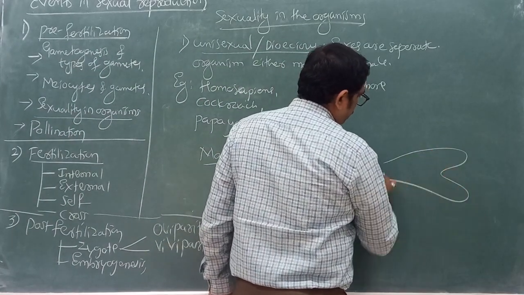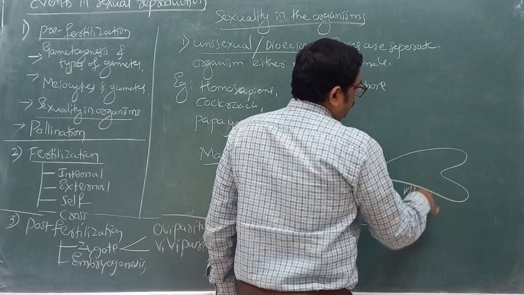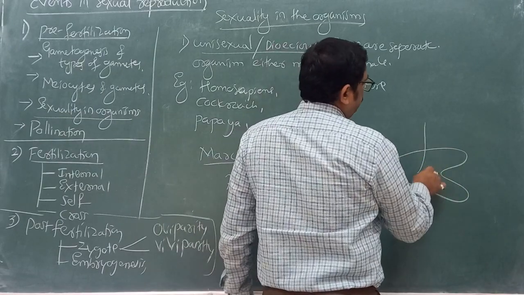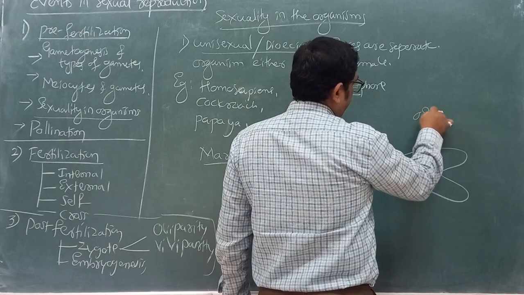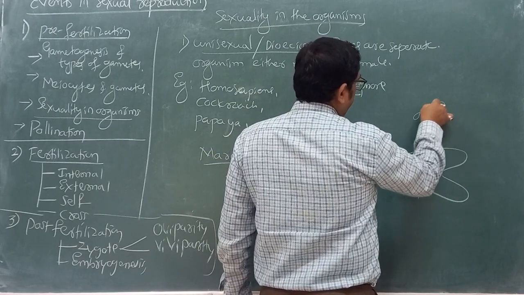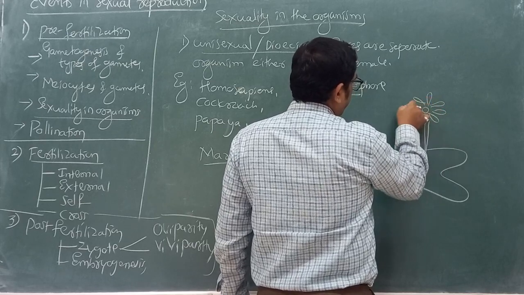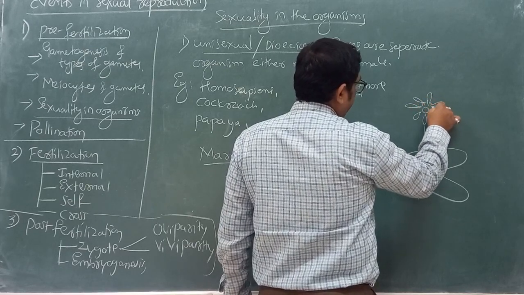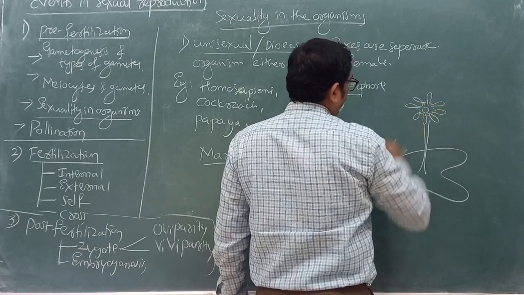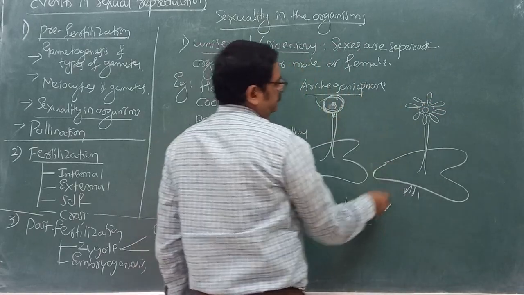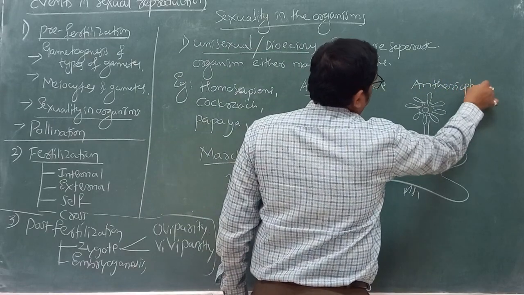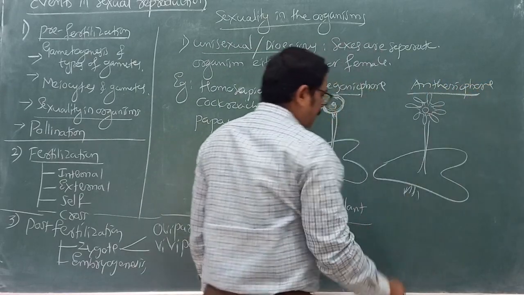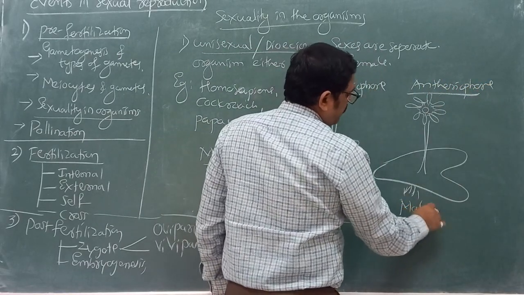The male also has rhizoids. Its sex organ is elevated and has dissected borders, and it is called the antheridiophore. The antheridiophore is the male sex organ, so it is a male plant.